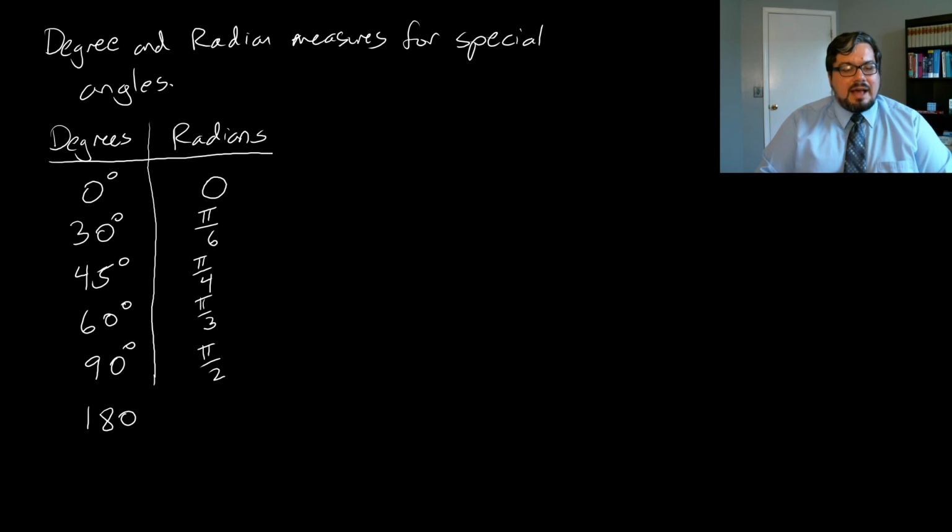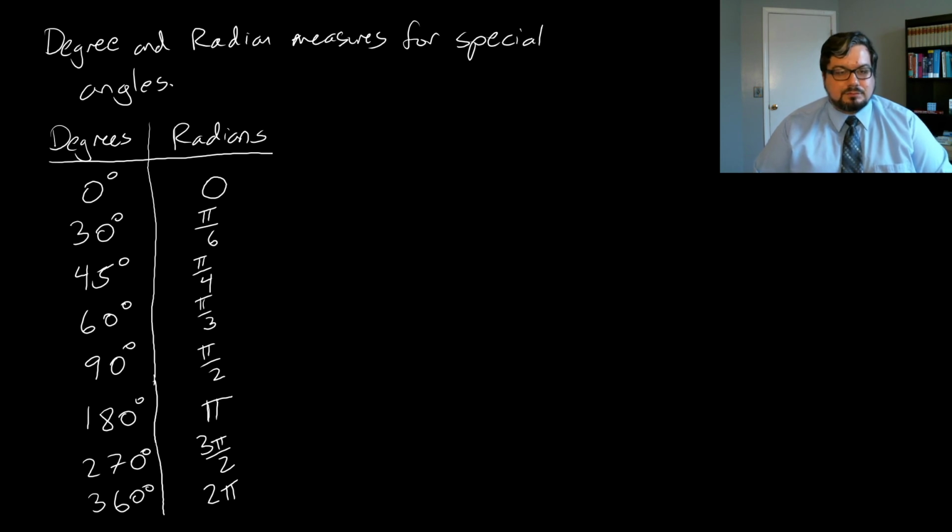I should also add 180 degrees, which is pi radians, 270 degrees, which is 3 pi over 2 radians, and 360 degrees, which is 2 pi radians.